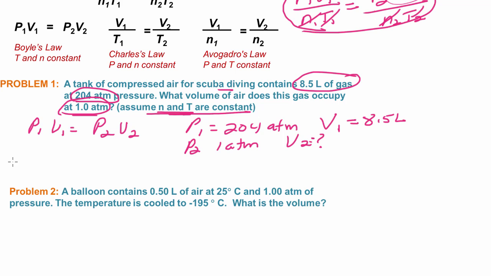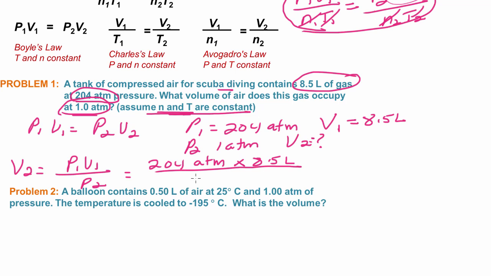I'm going to solve this for V2. So V2 is going to equal P1 V1 over P2. I'll just plug these in. 204 atmospheres. Always use units. That way you'll know if you didn't set things up right or if you make a mistake. And that's divided by 1 atmosphere.